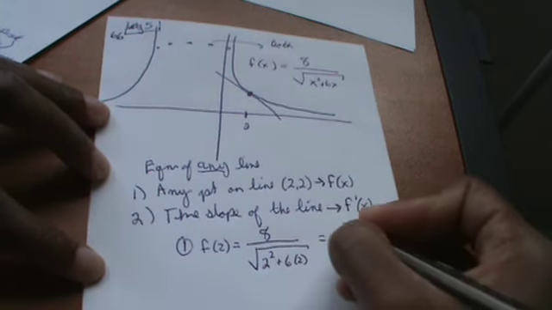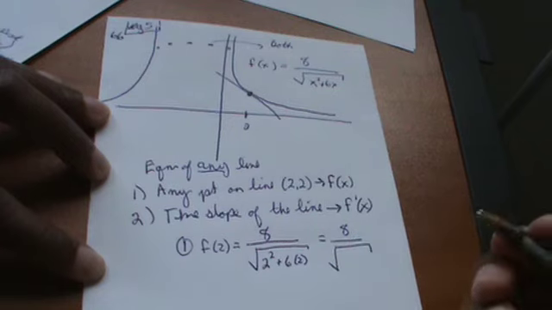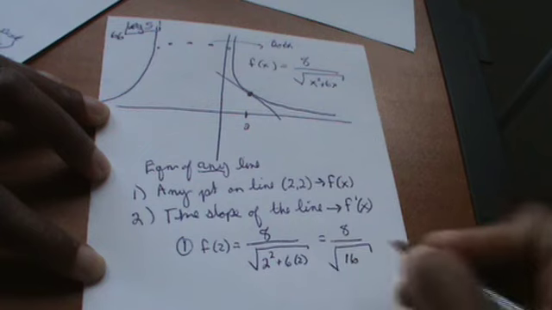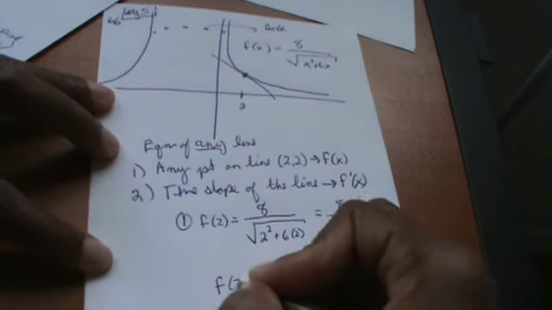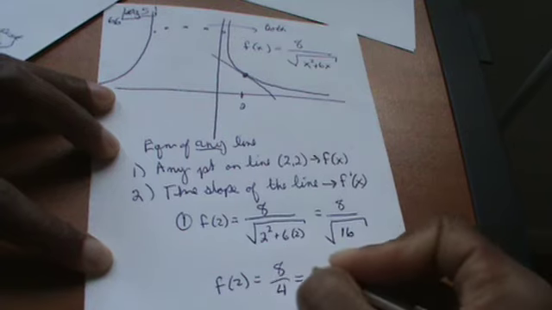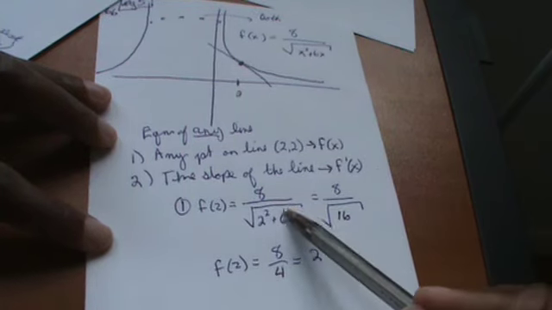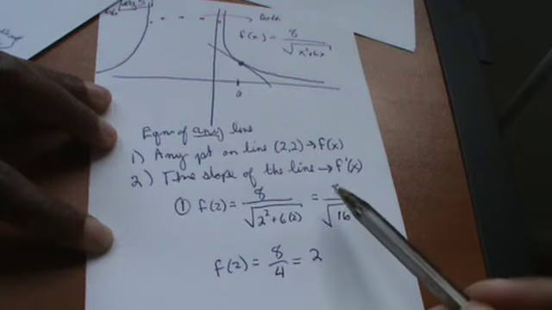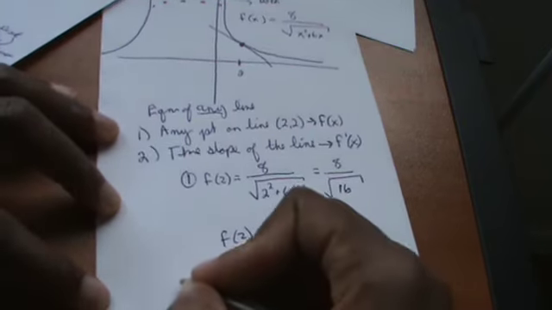All right, so this equals 8 over the square root of, let's see, 4 plus 12, which is 16. Or f of 2 equals 8 over 4, which is just 2. Right? So that's how they're getting this point 2, 2. They're going back into your original function and they're saying where x equals 2, the corresponding y is equal to 2.